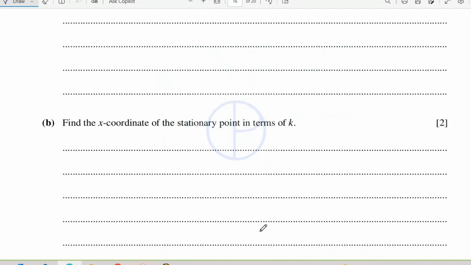Find the x coordinate of the stationary point in terms of k. So for the stationary point, dy by dx is 0.